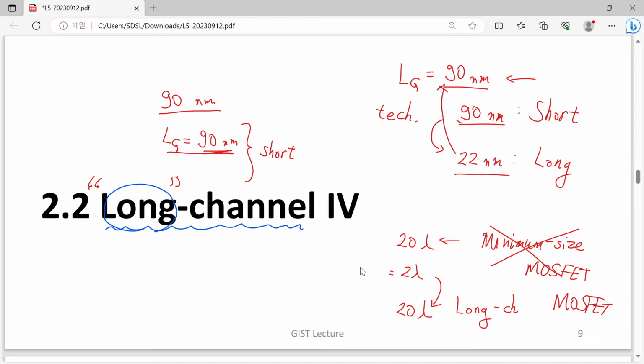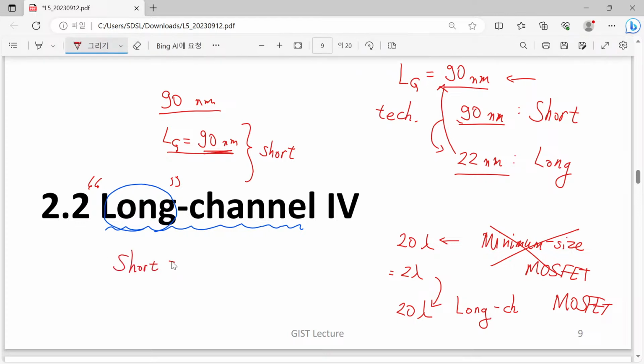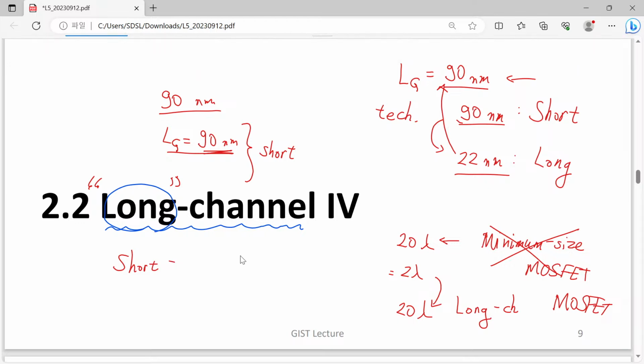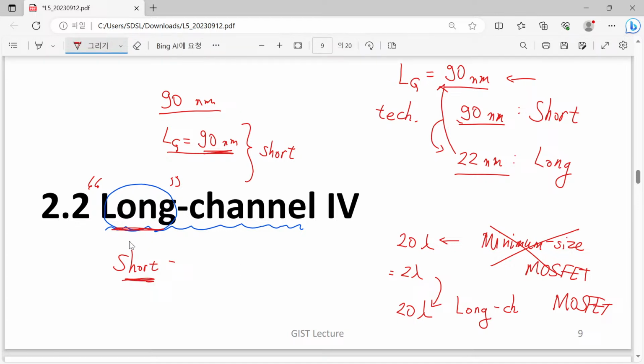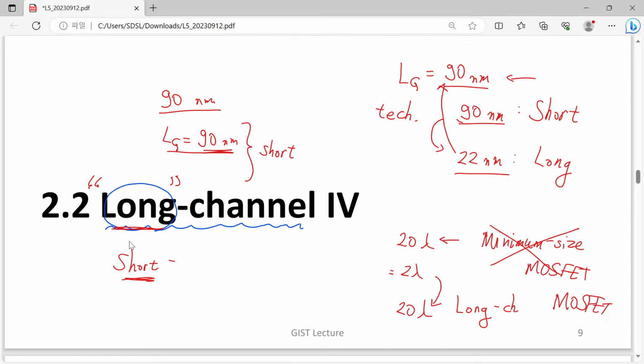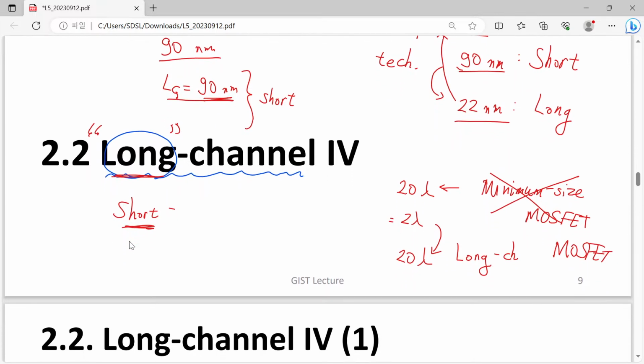In digital design, we are always using short channel devices because we want to introduce the shortest devices to reduce our silicon area. So although we eventually have to consider the effects in the short channel MOSFET, in this section 2.2 we will talk about long channel IV.